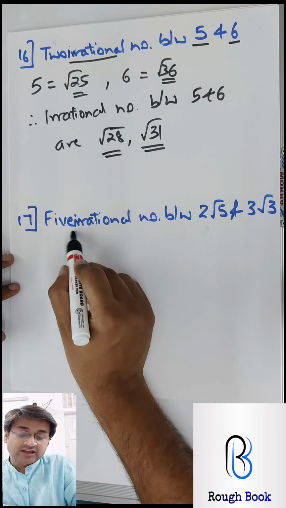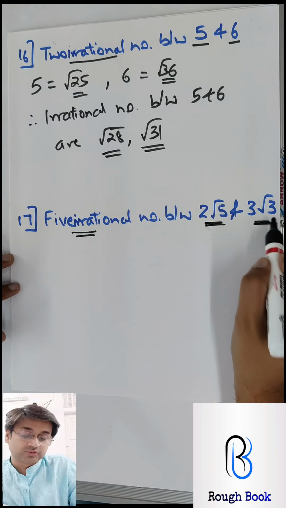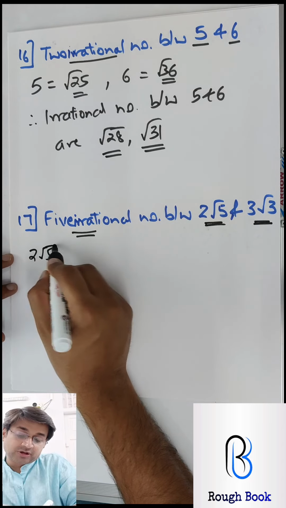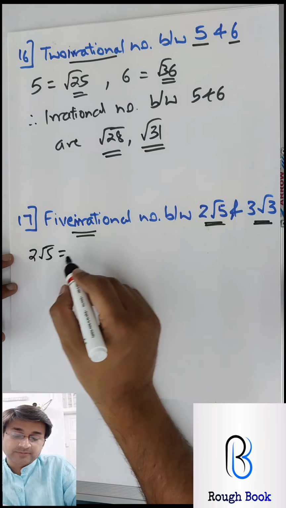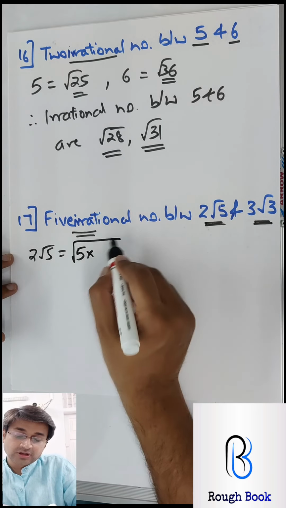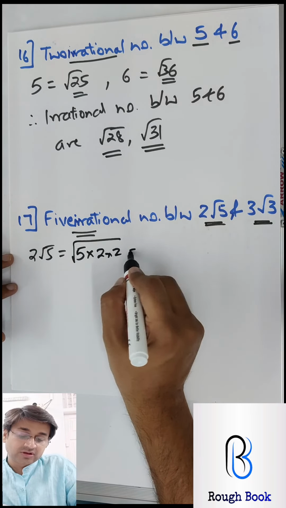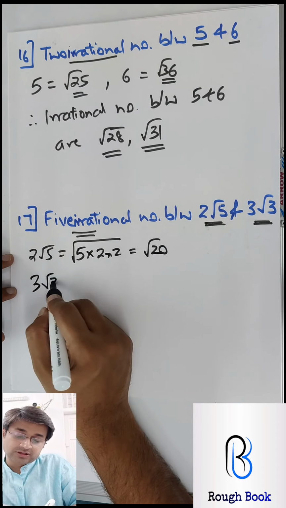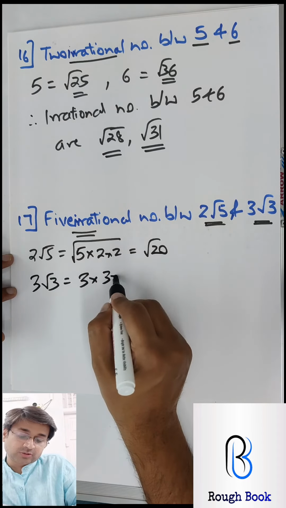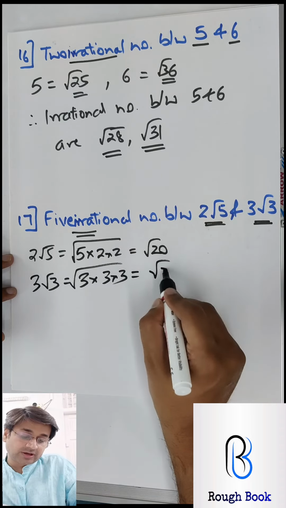Likewise, 5 irrational numbers between these two. Convert them into pure surds like this, and then you will be able to add numbers. So 5 into root 2 goes inside, so 2 times. 2 2s are 4, 5s are 20. Likewise 3 root 3. So 3 goes inside twice. So root 27.